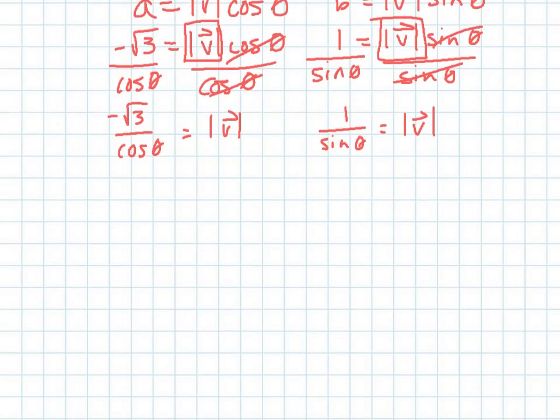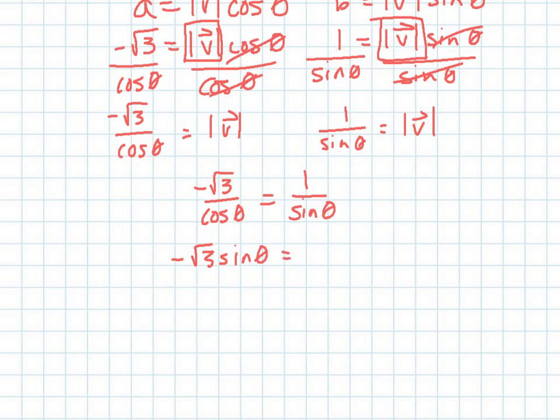Now you have two things that equal each other because of the magnitude of v. Here I could cross multiply. So I get negative square root of 3 times sine equals cosine, because it's 1 times cosine.